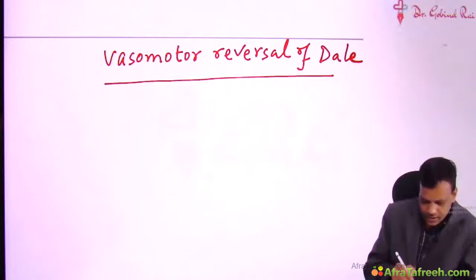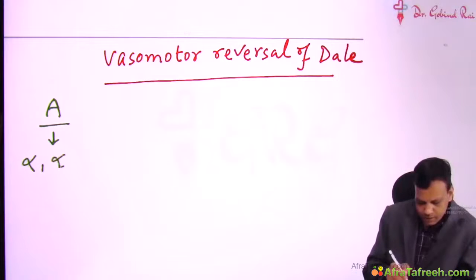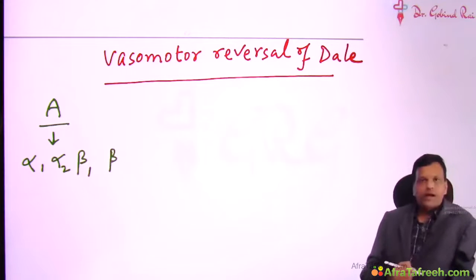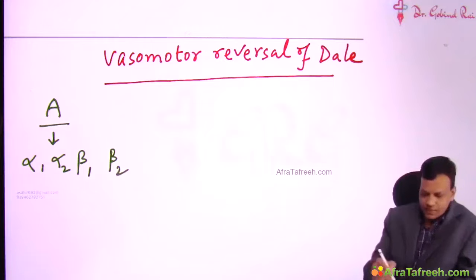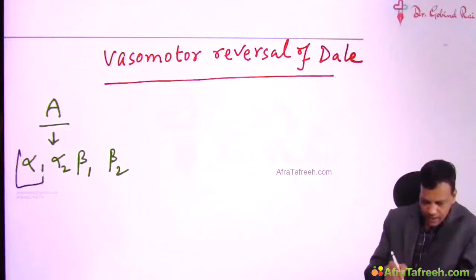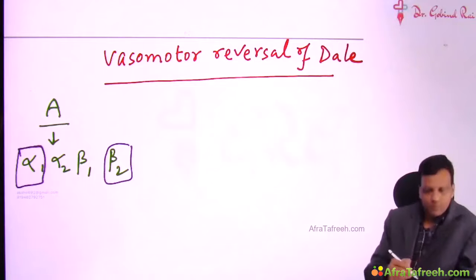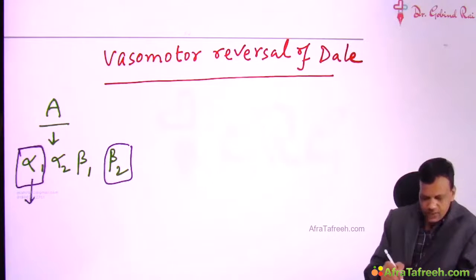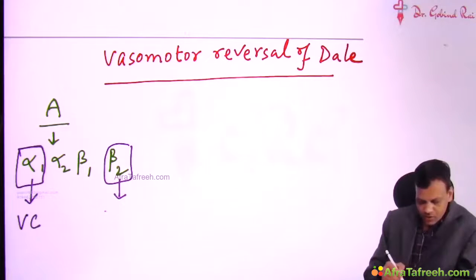We discussed that it has action on 4 receptors: alpha 1, alpha 2, beta 1, beta 2. Out of these 4 receptors, which receptors are present on the blood vessels? Yes, alpha 1 and beta 2. And they have opposite effects. Remember, we discussed A, B, C, D. So alpha 1 will cause vasoconstriction and beta 2 causes vasodilation.